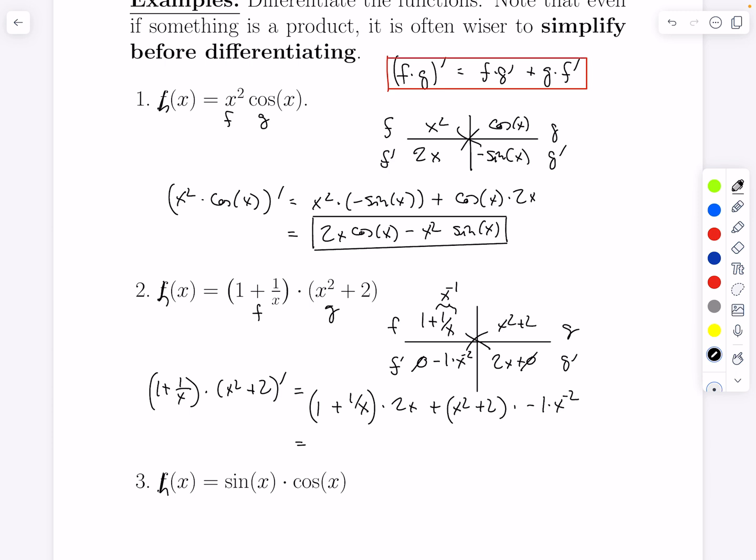We could even multiply it out, right? Multiply in the 2x, so we get 2x plus 2, because the x cancels, right? Plus, and then we multiply in this one, that also cancels. That's minus 1, minus 2, and then we rewrite this one also. x to the minus 2 is 1 over x squared, minus 2 over x squared.